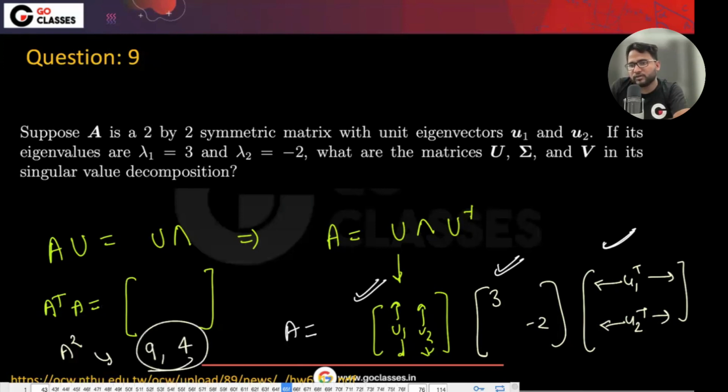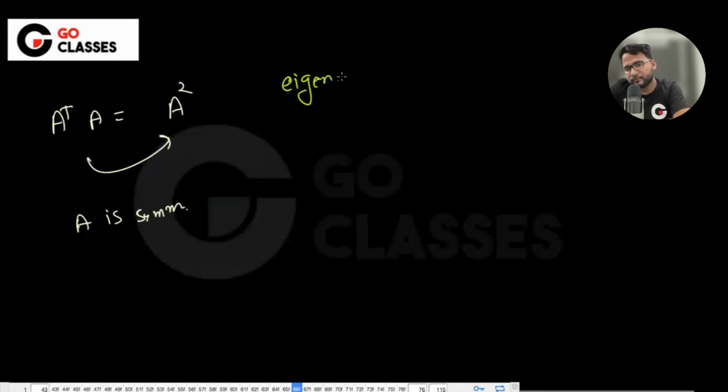These are the eigenvalues of A square. Is this okay to you? So A transpose A is nothing but A square, because A is symmetric. So what are the eigenvalues of A transpose A? Is this okay to everyone? Right?